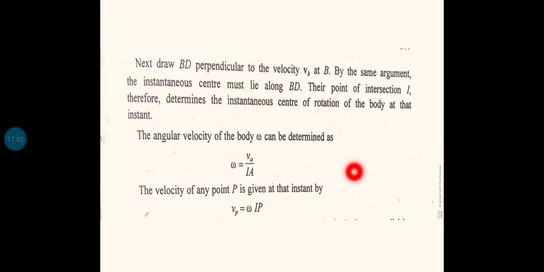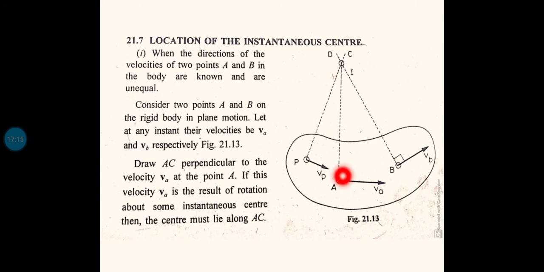So if you are able to identify omega with the known velocities and the instantaneous center, then if you want to find the velocity of some other points, you can use this equation: Vp is equal to omega into Ip. Actually, I can identify the instantaneous center with Va and Vb alone. If Va and Vb are known, I draw the perpendicular to both, and the instantaneous center will be this one.